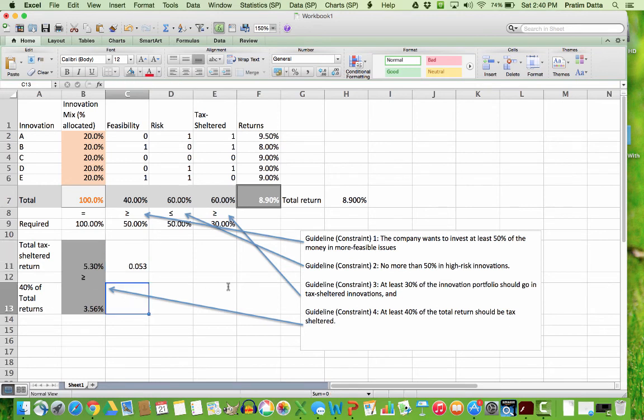All it's saying is that at least 40% of the total return should be tax sheltered. Now, what's the 40% of the total return? The total return is out here. So you're saying that is equal to 0.4 times, which is 40%, times your total return, right?